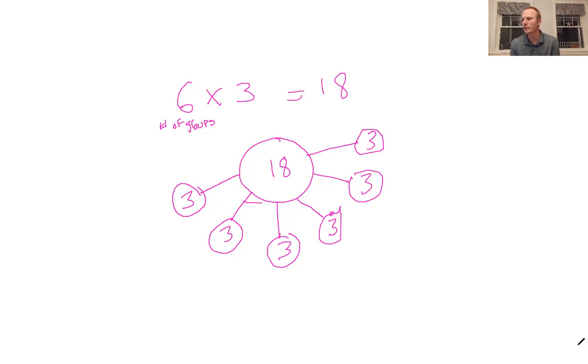Let's do one more example of those because I know this is very new to you. And we'll do 5 times 4 equals 20. So that means I have 5 groups with 4 in each group. So when I draw my number bond, I'll put my product or my answer in the middle.